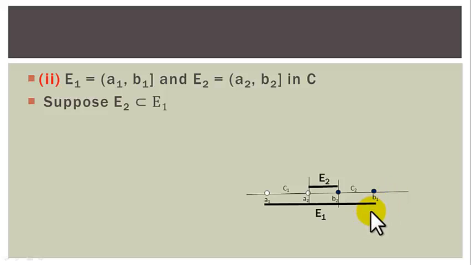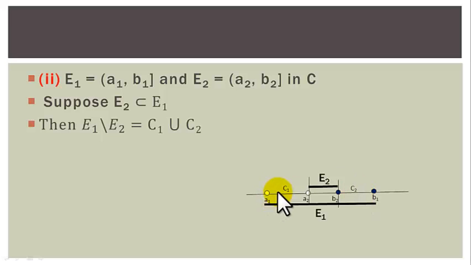Now, what is E1 difference E2? If you remove E2 from E1, that is, if you remove from here to here, we are left with this portion from here to here and from here to here. So therefore, E1 difference E2 is equal to C1, that's this portion, union C2, which is this portion.